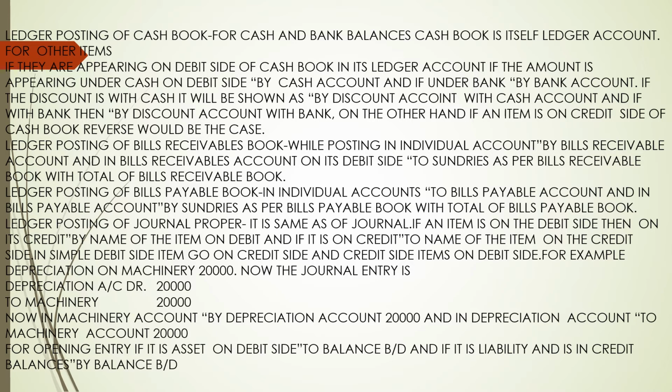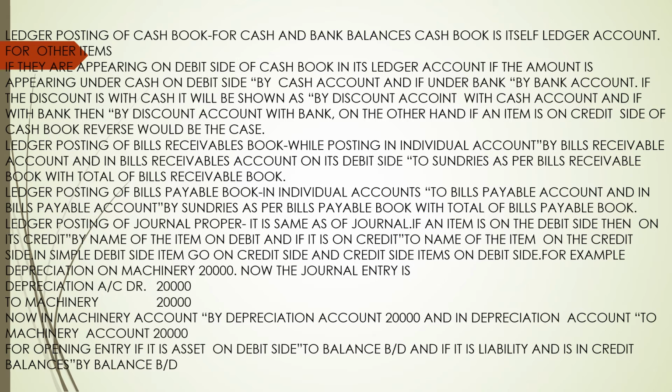Then ledger posting of bills payable book. In the individual account, write to bills payable account, and in the bills payable account write by sundries as per bills payable book with the total amount of the bills payable book.